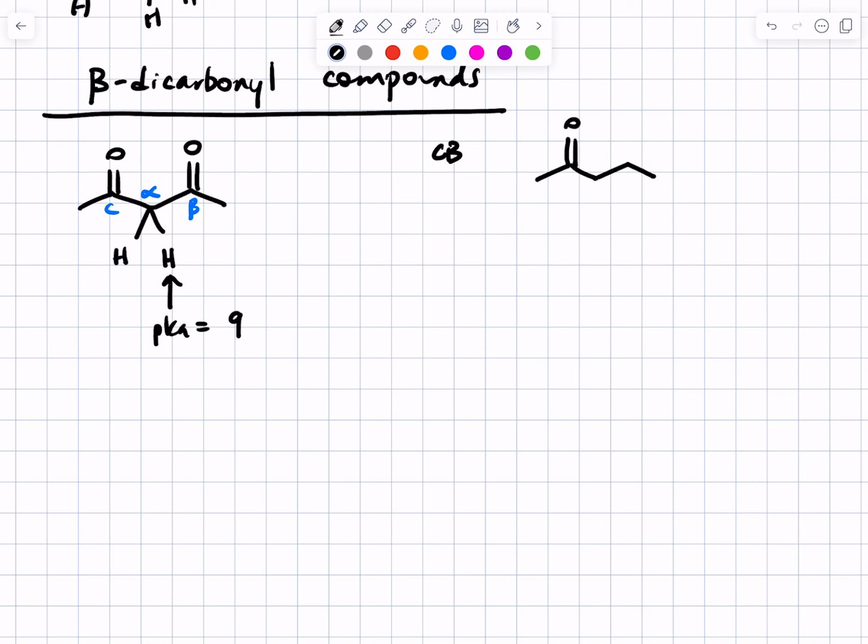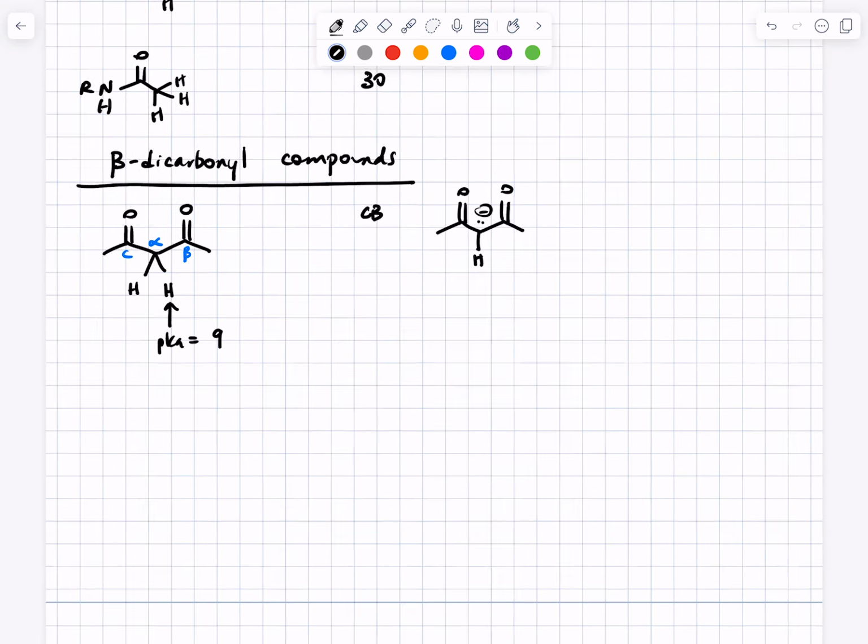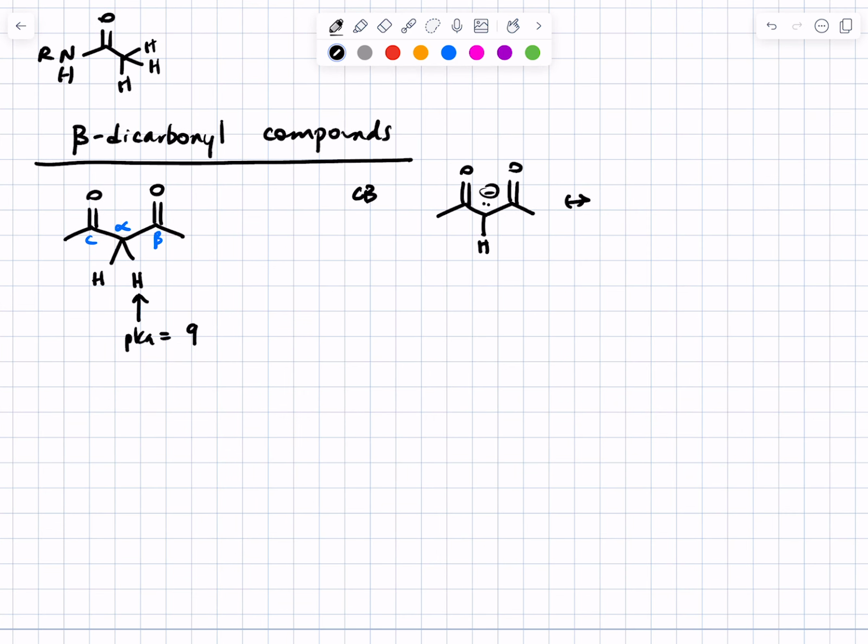In the conjugate base, notice that the negatively charged alpha carbon can be resonance stabilized by delocalization not just to the carbonyl on the left, but also to the carbonyl on the right. So you have an additional place that the lone pair can delocalize to. If we highlight in pink places that the lone pair can be, it can be on those alternating atoms.